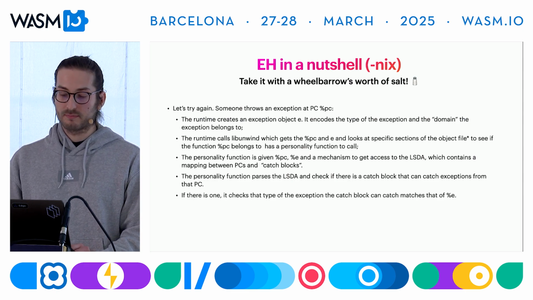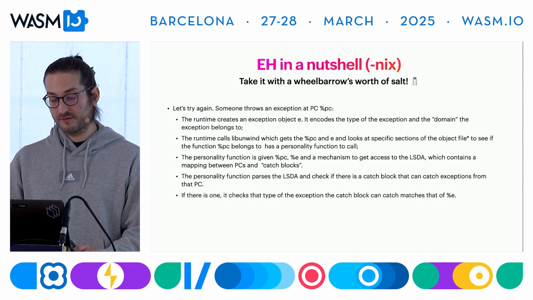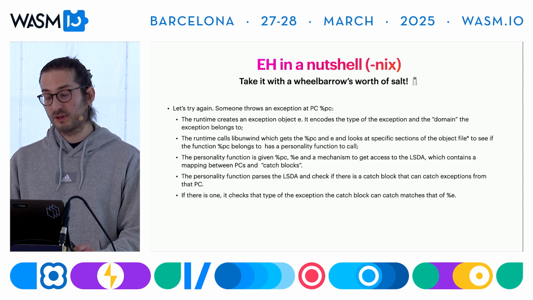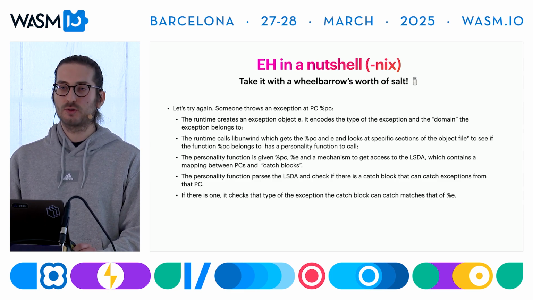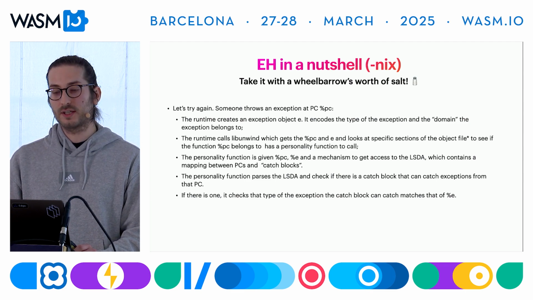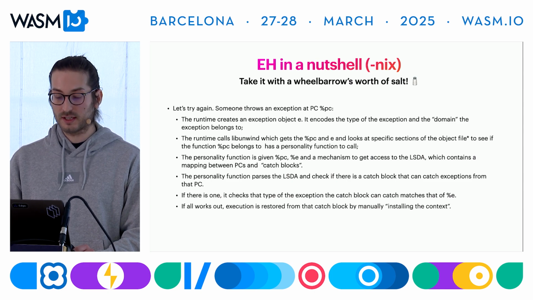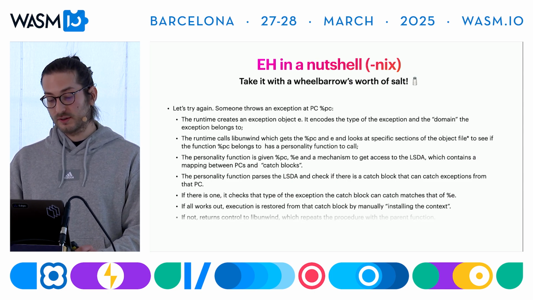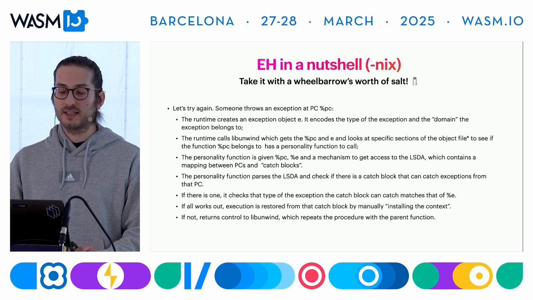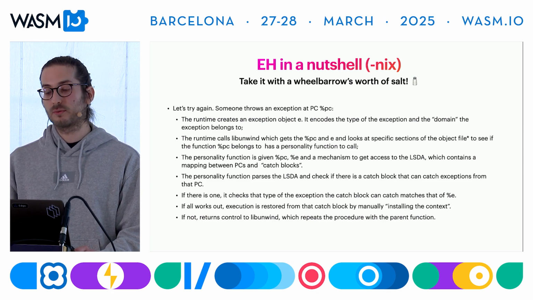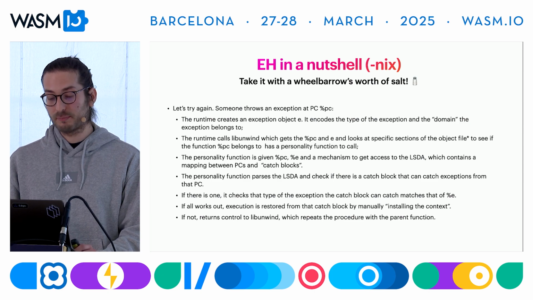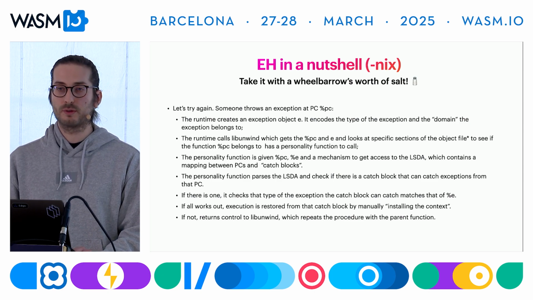If libunwind or the personality function together can find the catch block, then you're all set and execution can be restored. You need to manually install the context and restore the contents of the registers before you can actually return back to the catch block. If you don't find a catch block, control returns to libunwind, which gets to the parent function of the current function and tries to repeat the process.